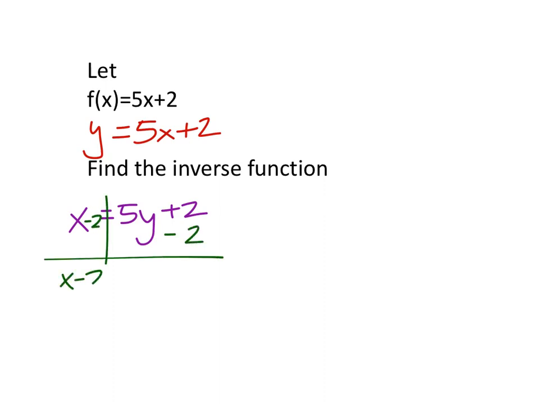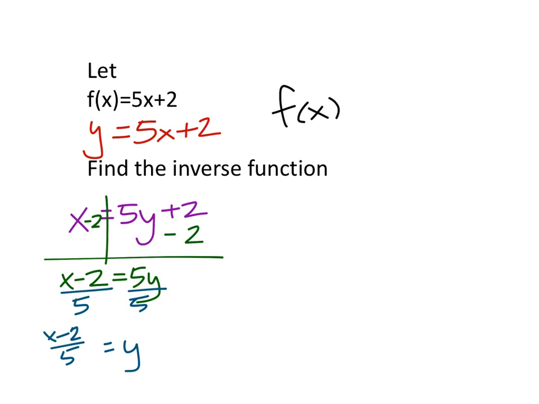So I got x minus 2 equals 5y all over 5. Well, sorry, divide both sides by 5. And then I've got y equals x minus 2 over 5. To write this formally, it'd be f inverse of x equals x minus 2 over 5.